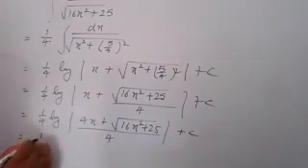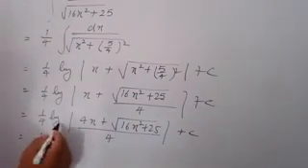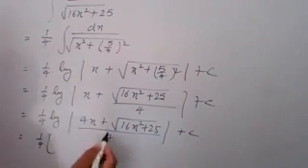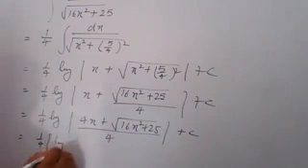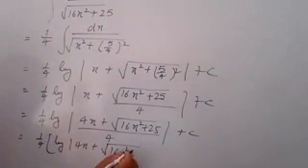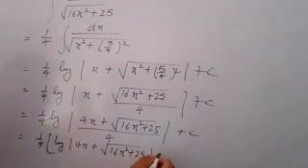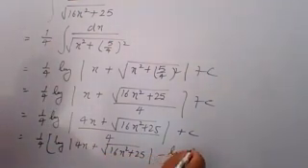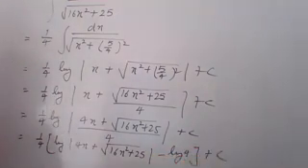And if you write here 1 by 4, this is in the form of log m upon n, which is equal to log m minus log n. So log of (4x plus under root 16x square plus 25) minus log 4 plus c. And this minus log 4 plus c is a complete constant number. If c is also a constant and you are adding two constants, again you have a constant number.